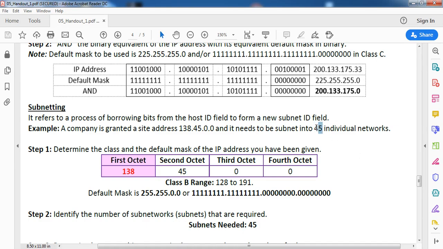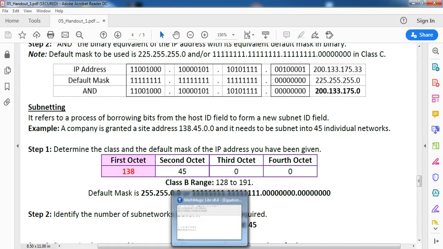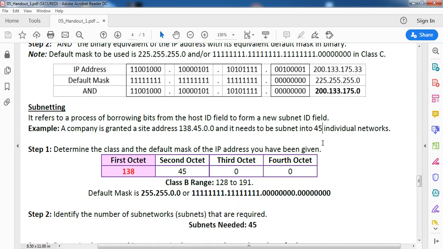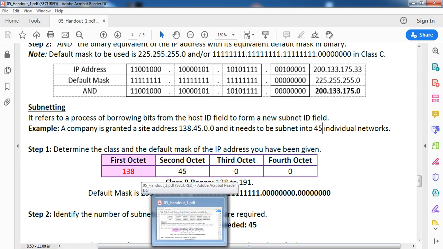We need to make sure that we will be able to efficiently cover all 45. And that would only work if the IP address is already in binary. So, how do we determine the number of bits? We convert 45 into binary and check how many bits are needed to give the conversion of 45 decimal to binary.